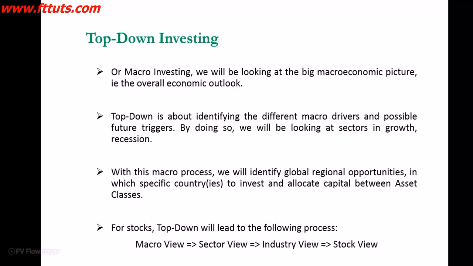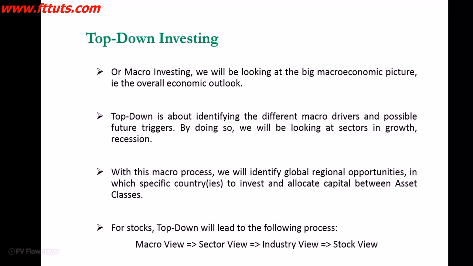By doing so, we will be looking at sectors in growth or in recession. With this macro process, we will identify global and regional opportunities, which specific countries to invest in, and how to allocate capital between asset classes. So for stocks, as an example, top-down will lead to the following process. We'll start with a macro view, then we will scroll down into a sector view, then filter down into an industry view, and then find the right or the bad stocks.